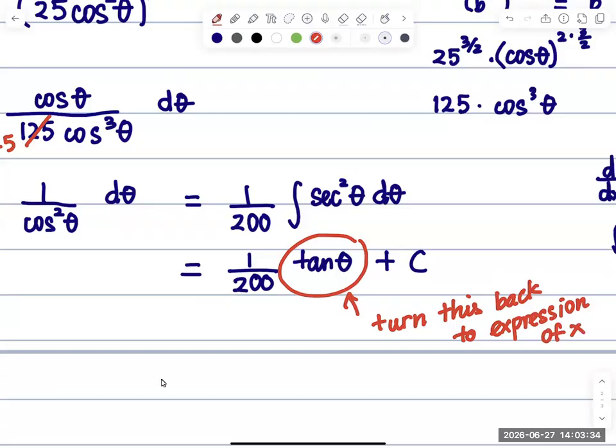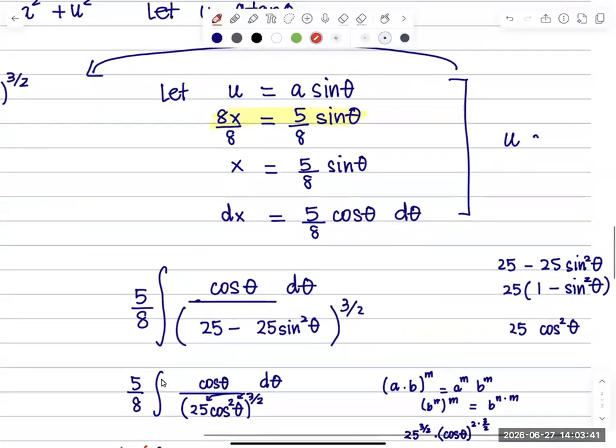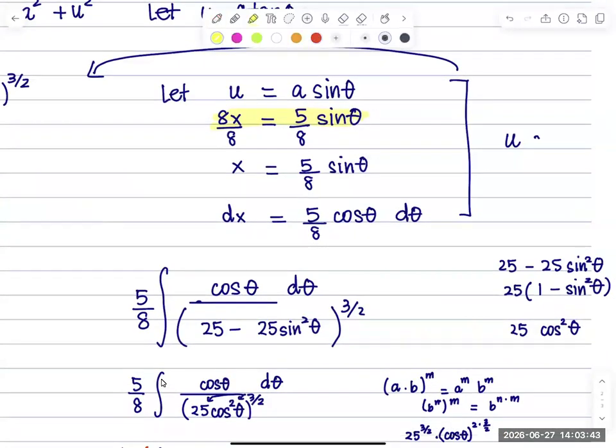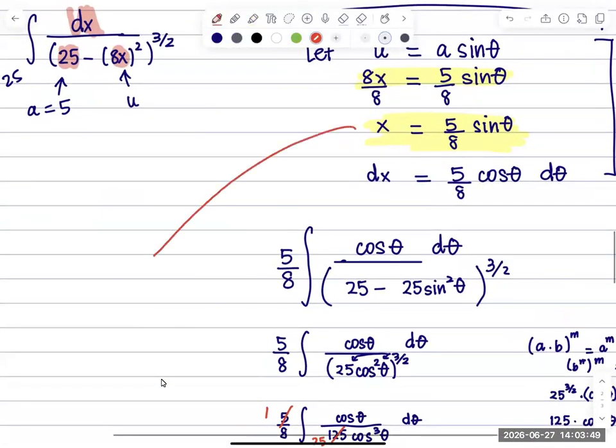How are we going to do that? We're going to use the place where we set x to be something. On the above, I have x equals 5/8 sine theta.